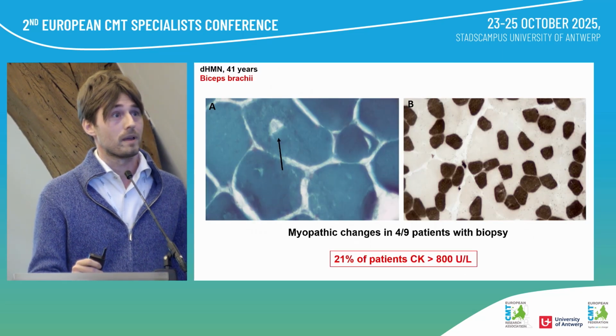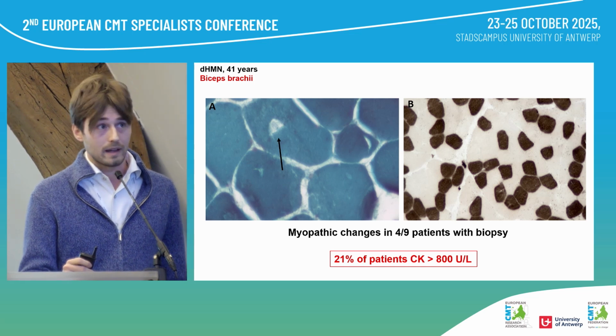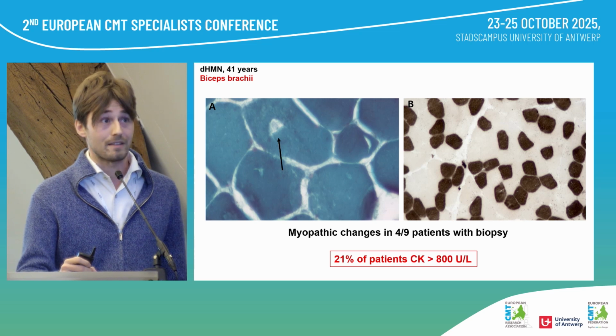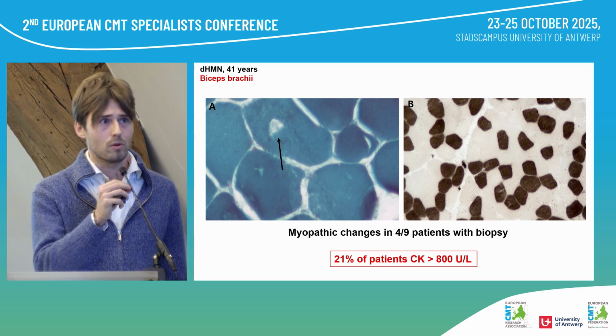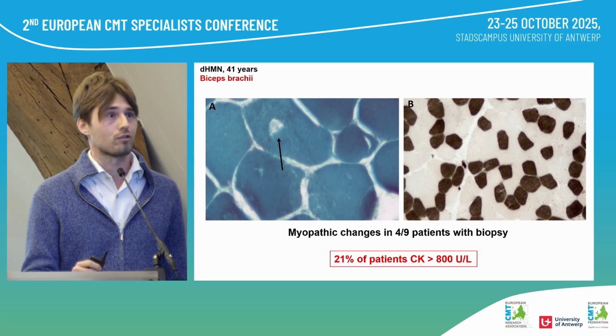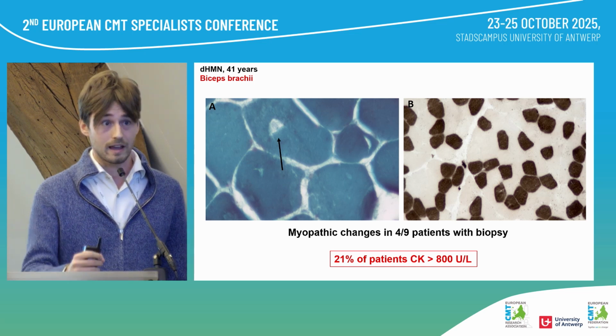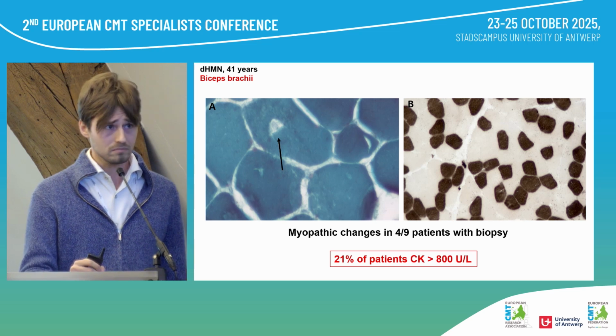This is an example of a patient with distal HMN, so a motor length-dependent neuropathy, who had a muscle biopsy in the biceps around 20 years ago because he had very high CK levels, more than 1,000.